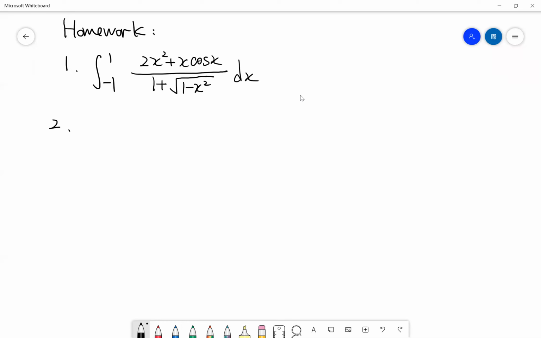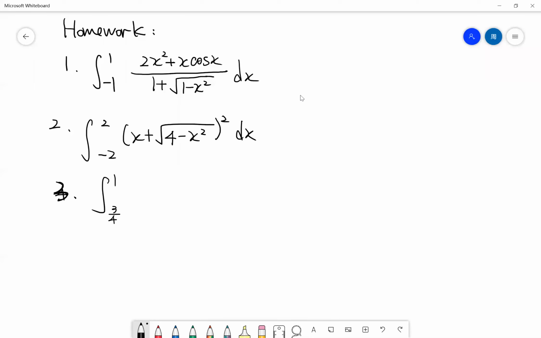Number 2, from -2 to 2, x plus square root of 4 minus x squared, outside power 2, dx. And number 3, that is from 3 by 4 to 1, dx by square root of 1 minus x, minus 1.